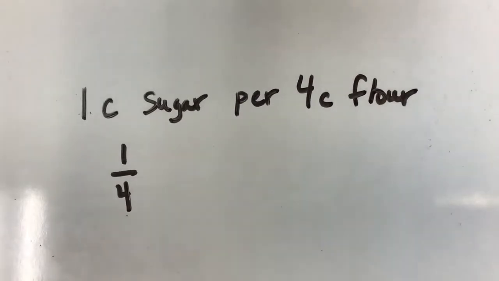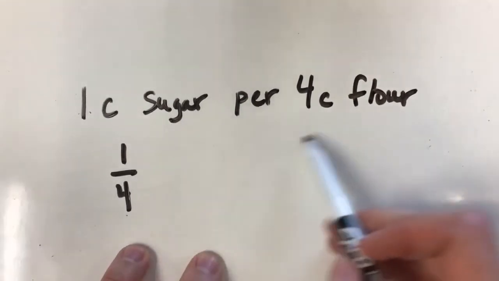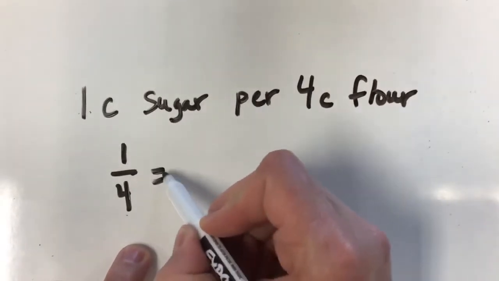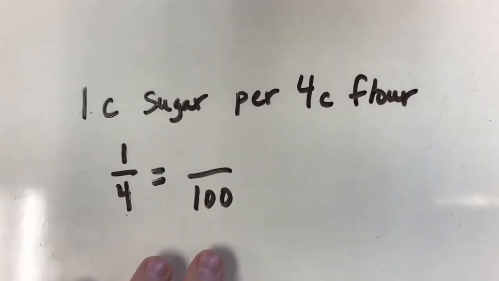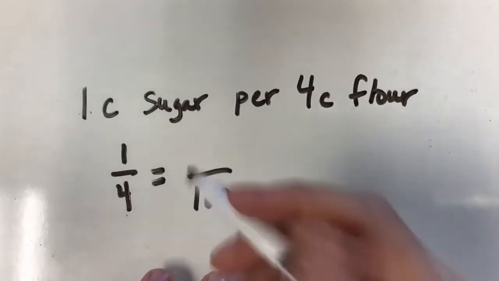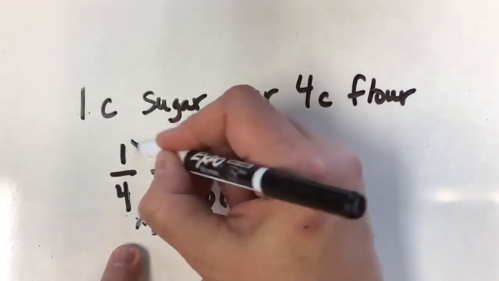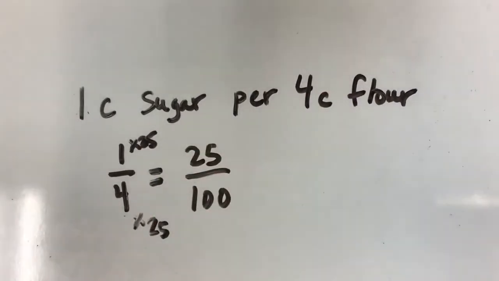Of course, you can write it in many ways, but we like to write it as a fraction because that will work the same way a fraction does when we do math. To figure out what percent that is, we would just make that equal to a ratio that has 100 on the bottom, okay? Well, we know 4 times 25 is 100, so we'll just do the same to the top, and so 25 hundredths is equal to 1/4.